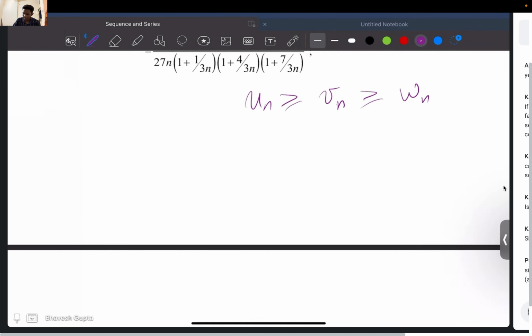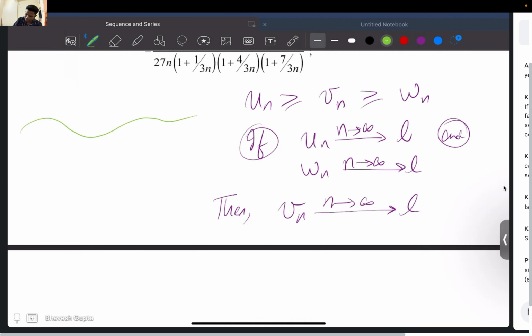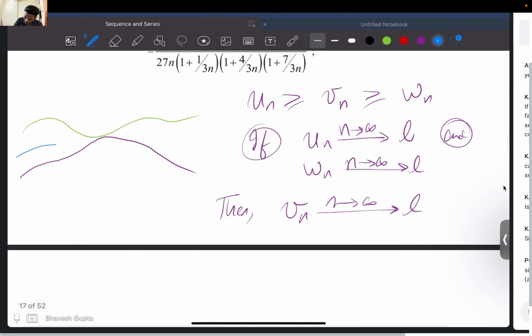If un goes to some L as n tends to infinity, and wn goes to L as n tends to infinity, then for sure vn will also go to L as n tends to infinity. So the picture you can have is this sandwich, the sandwich which we discussed earlier.